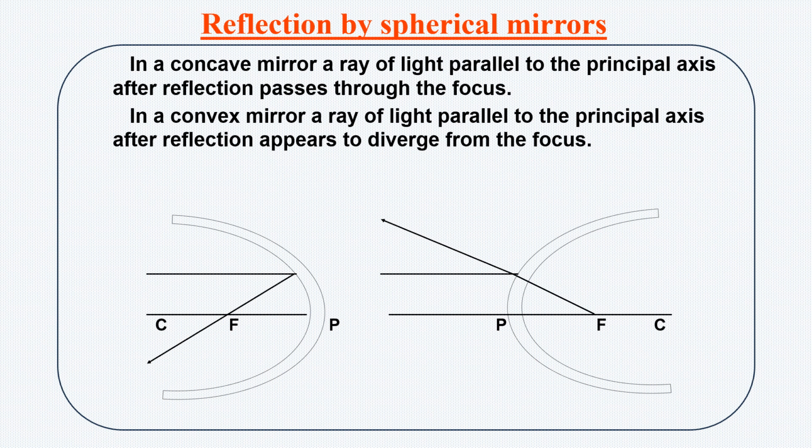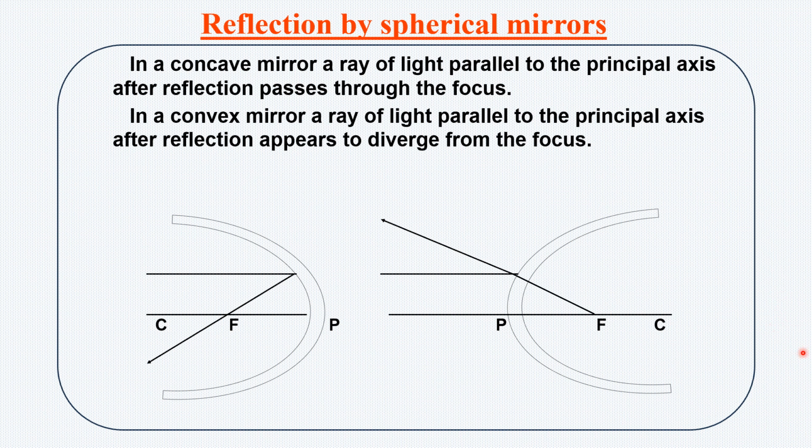Here we are going to see the reflection by spherical mirrors. We have already known that reflection is the phenomenon of bouncing back of light rays in the same medium when they strike a smooth surface. This is called the reflection of light. We have already studied the laws of reflection. There are two laws of reflection.